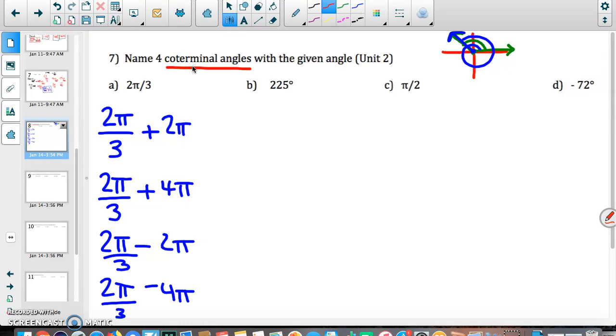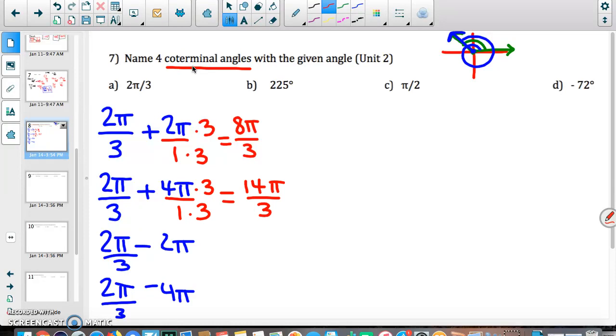So let's add these together here to review common denominators. This would be 2 pi plus 6 pi, so that would be 8 pi over 3. This is going to be 12 pi plus 2 pi, so that would be 14 pi over 3.